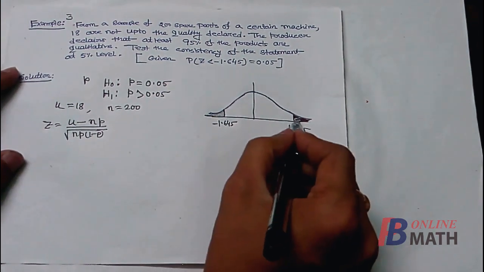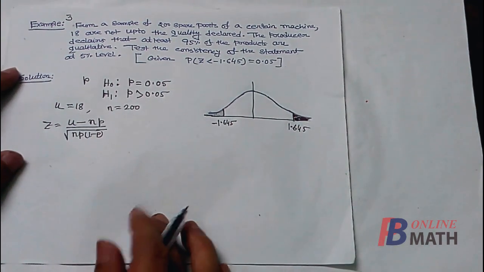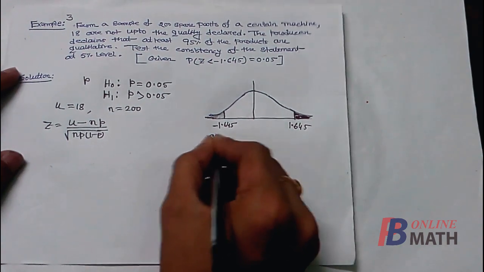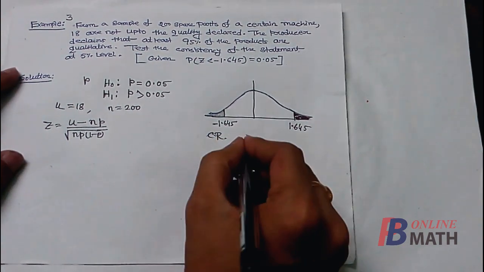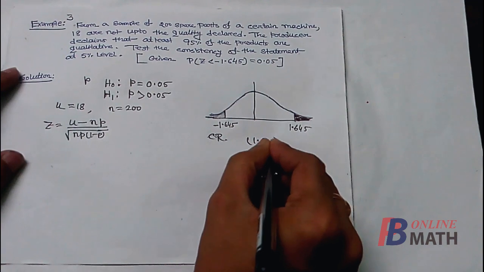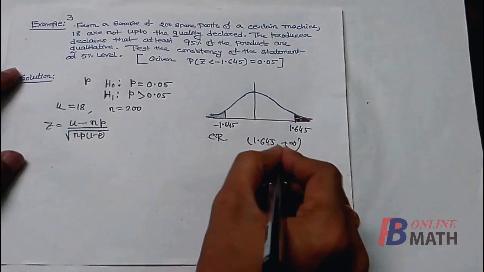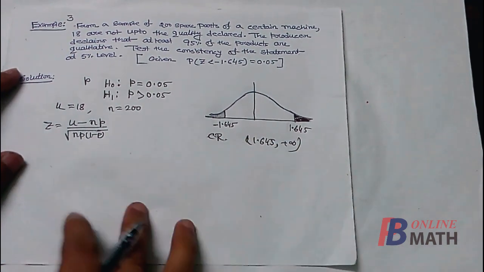So now actually this is the critical region. So what is the critical region? Here we write the critical region, it is 1.645 to plus infinity.